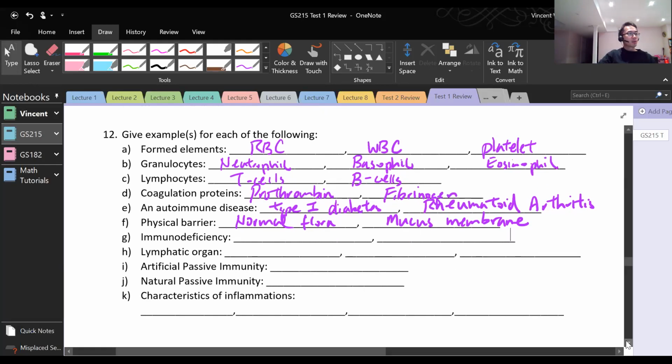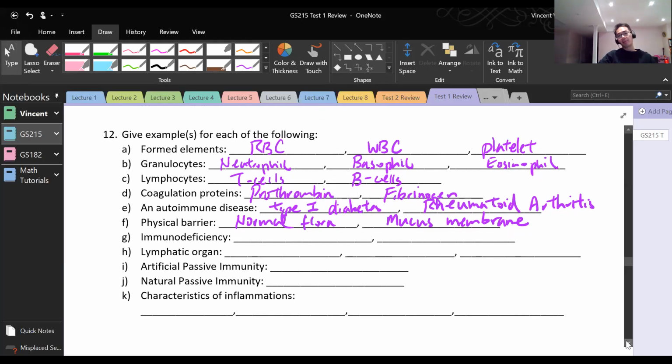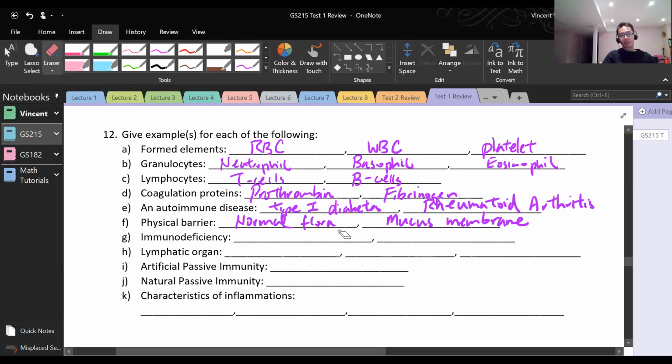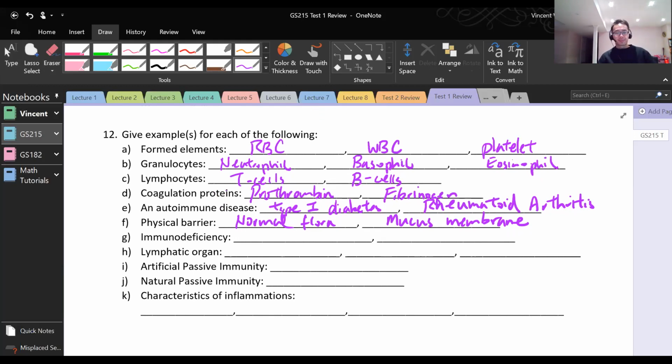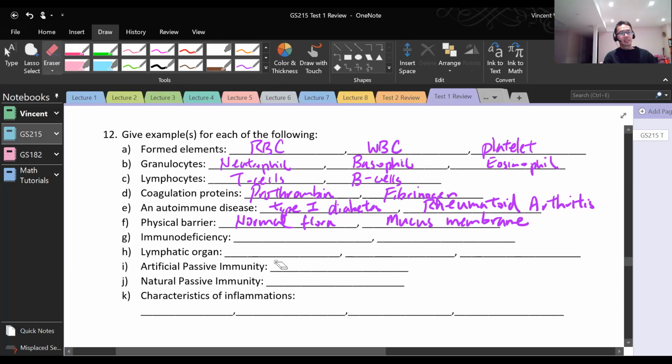Okay, example of immunodeficiency. There is primary immunodeficiency, and then there is secondary immunodeficiency. Primary is when you're born with it. And then secondary is when you get infected with it. So give me an example. We talked about two examples in class for immunodeficiency. What are they? You should know at least one, even if you have not watched the lecture recording. Not anemia.